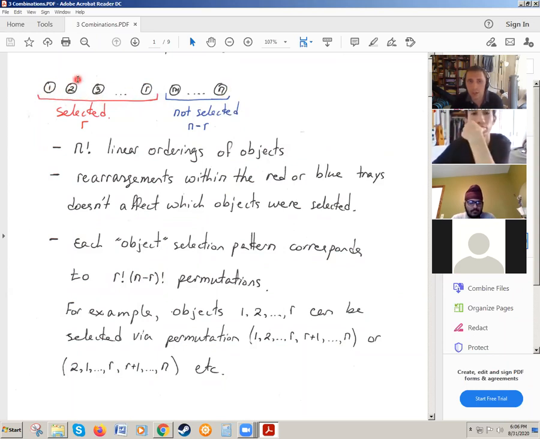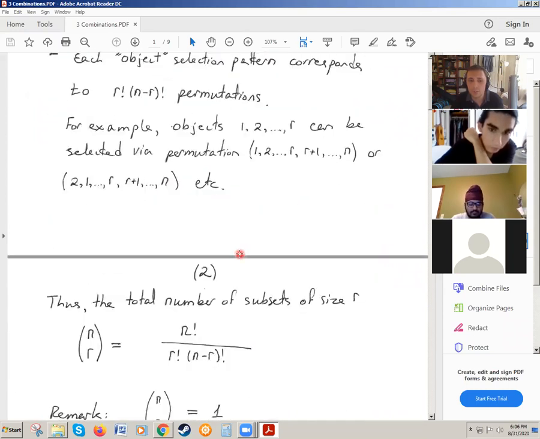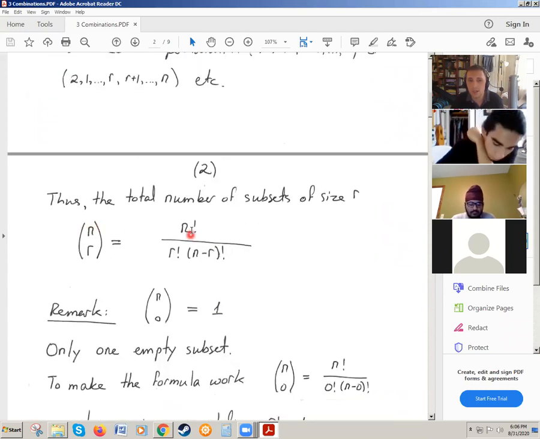So I can take 1 and swap it with 2, 3 and swap it with r. No matter how they are permuted here, nothing is changed. The same people are selected. No matter how the others are permuted among themselves, nothing is changed. So since there are n minus r objects here, it's (n minus r) factorial, and this is r factorial. So now all that remains to be done is this is n choose r. Just take n factorial and divide by r factorial times (n minus r) factorial.